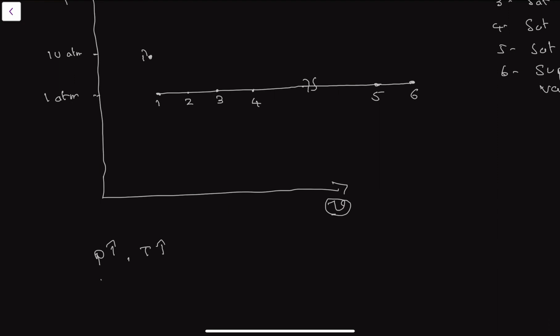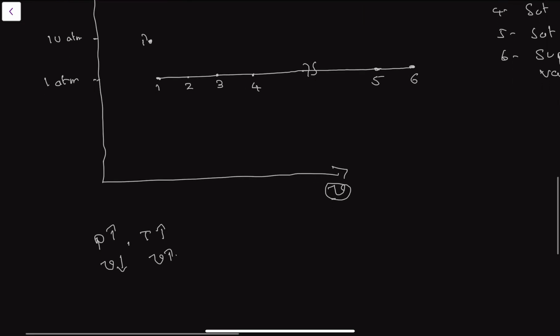What is the effect of pressure on volume? Pressure will cause the volume to decrease. It will compress it. And temperature causes the specific volume to increase. It will cause the substance to expand. For solids, the effect of pressure is higher compared to the temperature.